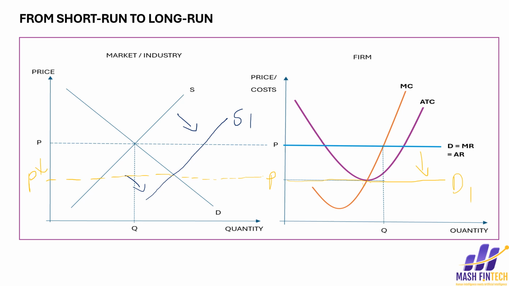So all firms in a perfectly competitive market, regardless of where they start off, whether they start off making economic losses or economic profit, in the long run, they're always going to make normal profits. So this is zero economic profit, and this is normal profit for firms in a perfectly competitive market, right?